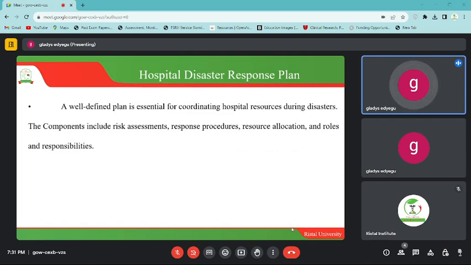We have to provide different resources, allocate them appropriately, and each person has to know his role and responsibility in that plan, so that you can address disasters in case they occur in our hospitals.